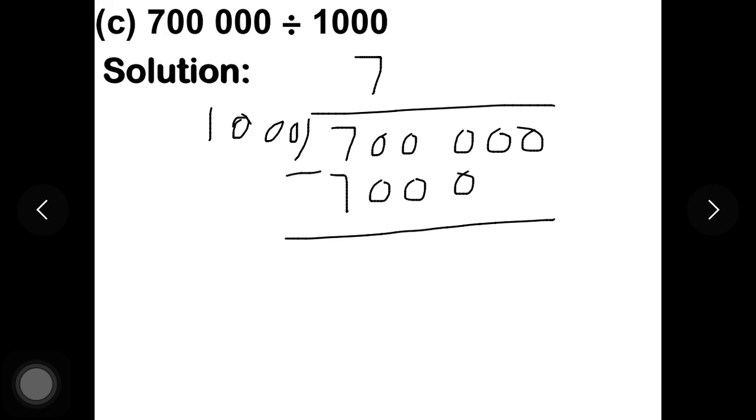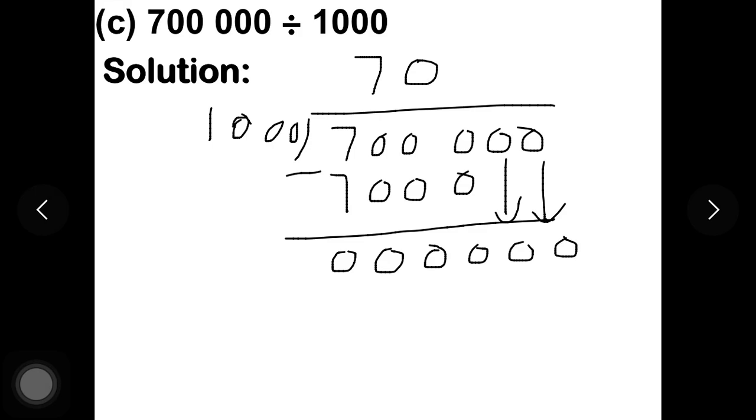Now we will subtract 0, 0, 0, 0, and the next digit is 0. Now we will write 0. Next digit is also 0, 0. So the answer of part C is 700.